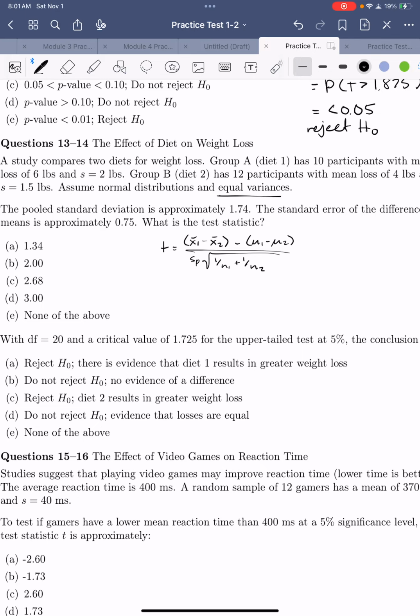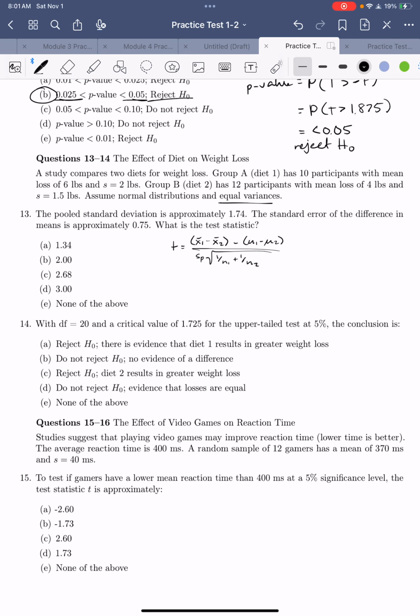We have our x1 and x2 in our problem, and these are our sample means. Usually when we compare, our null hypothesis is that they're equal, so this difference is just going to be 0. So now we can solve this.